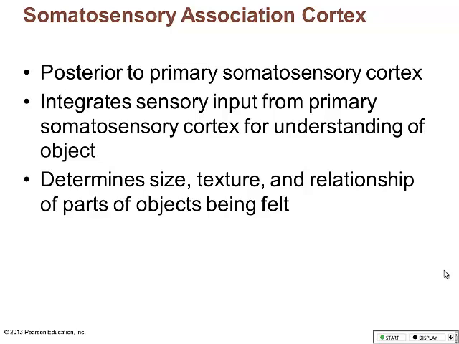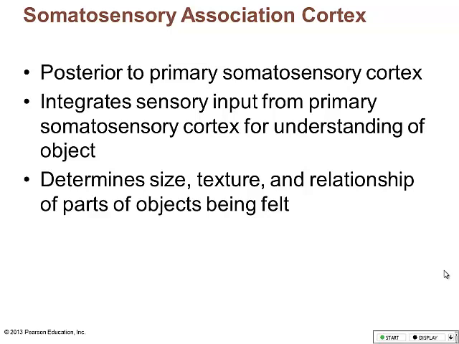Somatosensory cortex. Some of the different areas we need to know that are going to help us with some of the different information that we're receiving. Parietal lobe, the post-central gyri of the parietal lobe. Again, that stripe is what they're referring to.